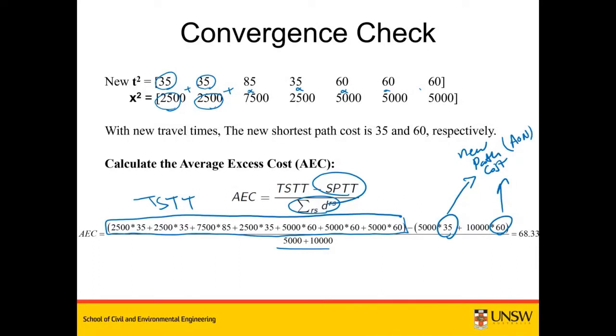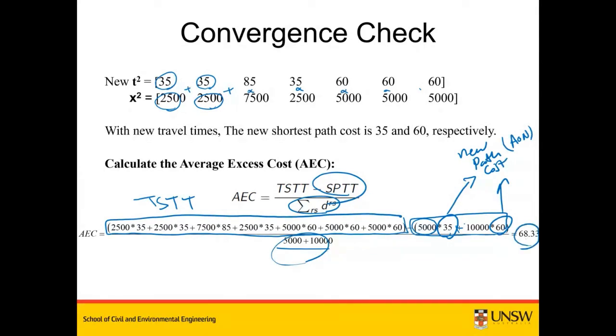If everybody takes these two paths, that would be the costs, right? And then that means 5,000 travelers multiplied by 35 plus another 10,000 multiplied by 60. So this gives me the shortest path travel time. And then TSTT minus SPTT divided by the total demand gives me 68.